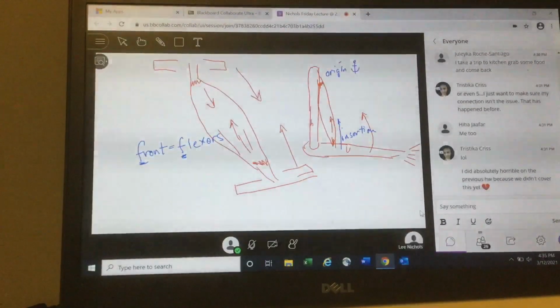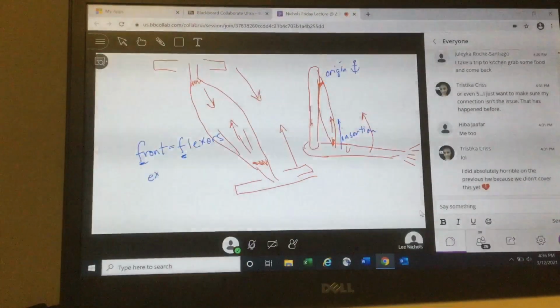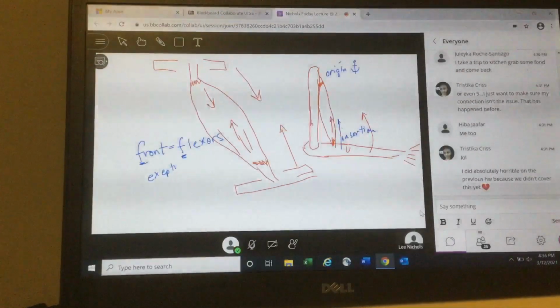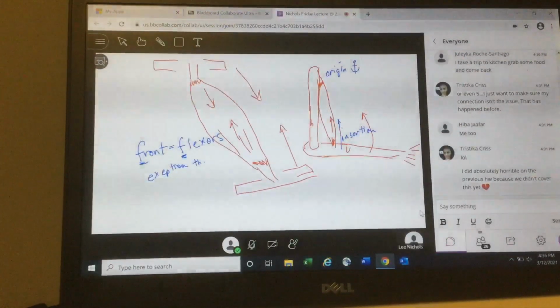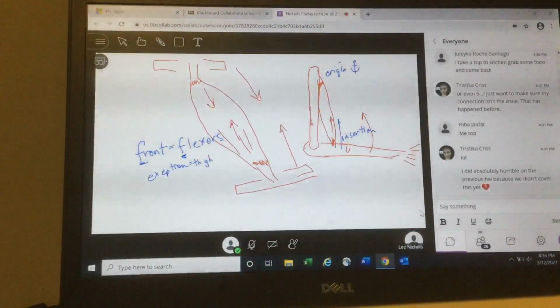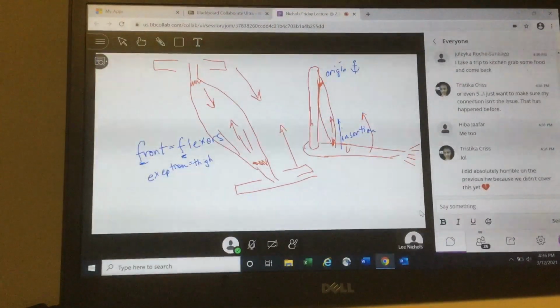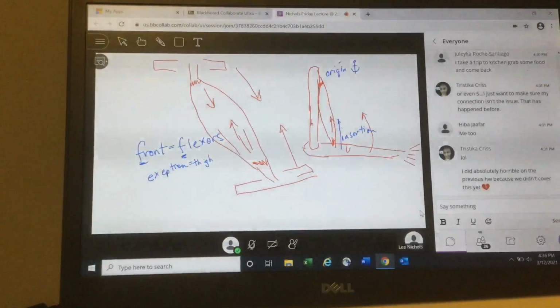This is not really true of the facial muscles, and the big exception is the muscles of the thigh, because the muscles on the front of your thigh are actually extensors. But for the most part, most of the muscles on the front of your body are flexor muscles.